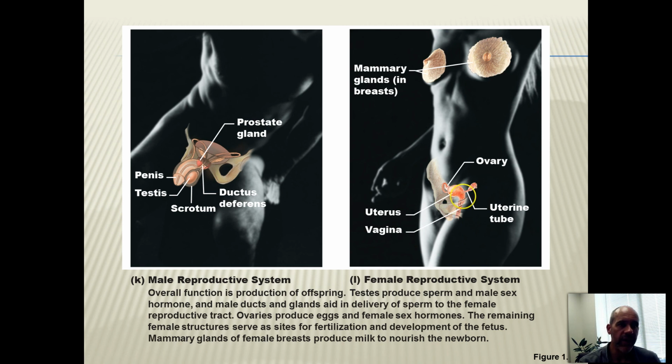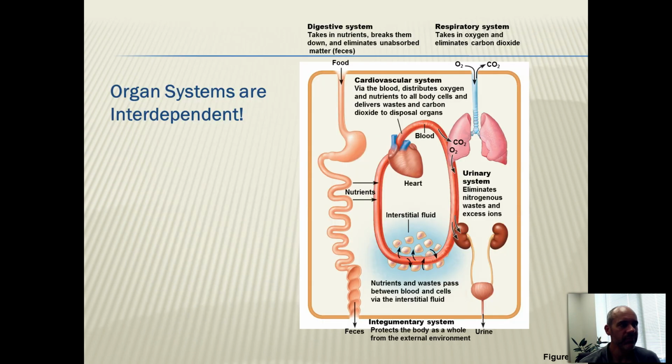And so the whole job of all the rest of the plumbing of the reproductive system is to deliver those sperm cells to a female so that those sperm cells can find and fertilize an egg and create a new human individual. All the other parts are designed to make that happen, and then in a female to nourish a developing embryo and fetus if fertilization occurs.